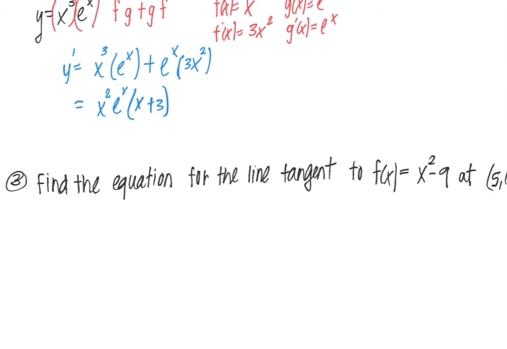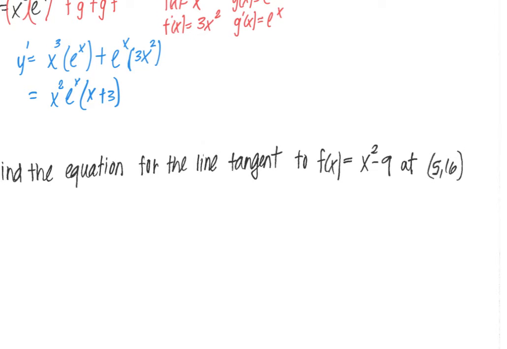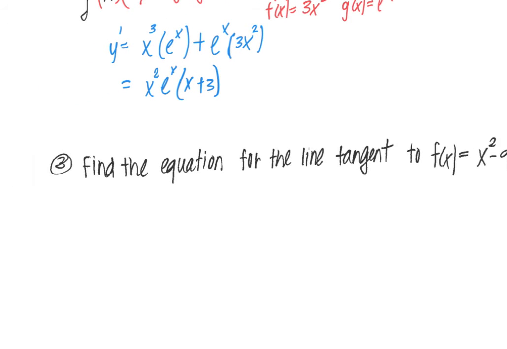Find the equation of the tangent line to the function x squared minus 9 at the point 5, 16. So what we want to do, we're actually going to end up using this formula right here. This is called the point slope formula.